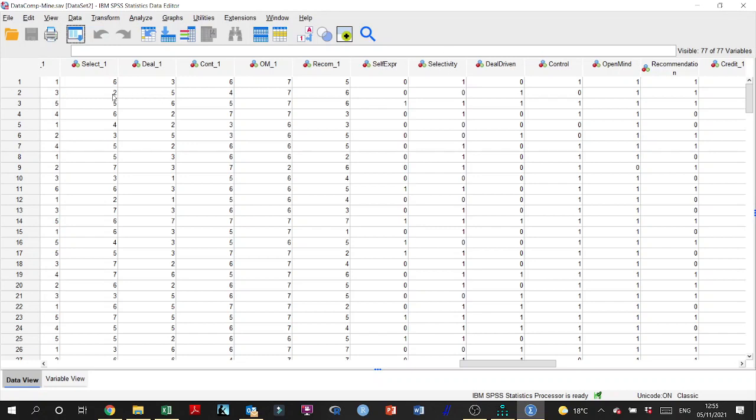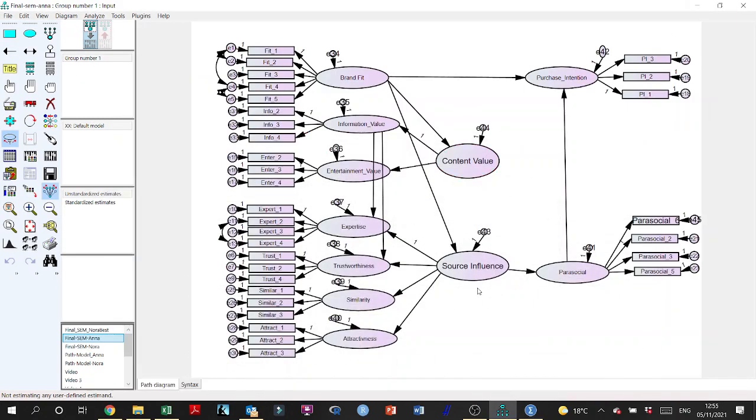When it's less than 5, it is given 0, and so forth. So we coded the data this way, and now we are going to use these coded binary variables to create two groups: high on selectivity, low on selectivity, high on deal driven, low on deal driven, and see how these groups are affecting these relationships.